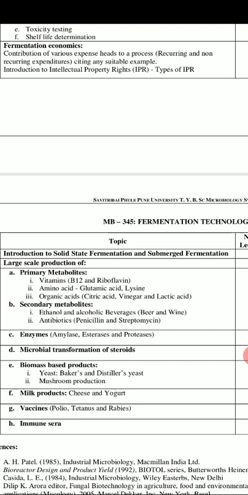Then next point is your biomass based products. Now biomass based products means here the large scale production of the microorganisms is carried out. Now here the production of yeast. Now there are two different types of yeast.